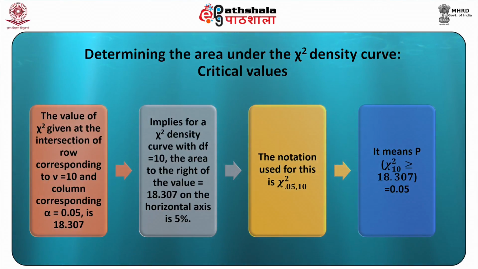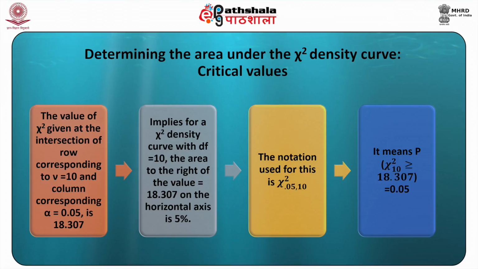For example, the value of chi-square given at the intersection of row corresponding to nu equal to 10 and column corresponding alpha equal to 0.05 is 18.307. This implies that for a chi-square density curve with degrees of freedom equal to 10, the area to the right of the value is equal to 18.307.